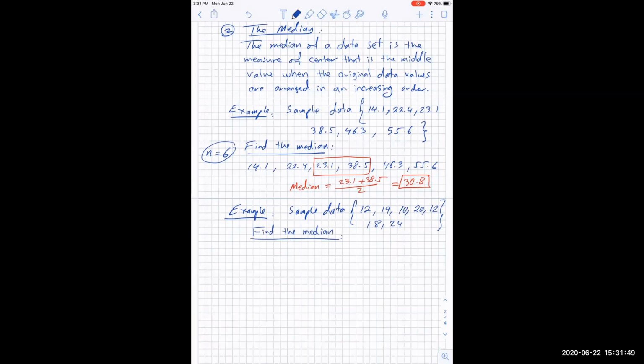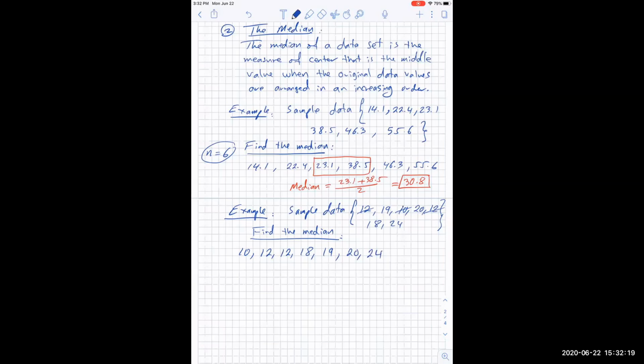In this case, I need to order the numbers in increasing order first. Oops, I have 10 first. So 10, and then 12, 12, and then 18, 19, 20, and 24.